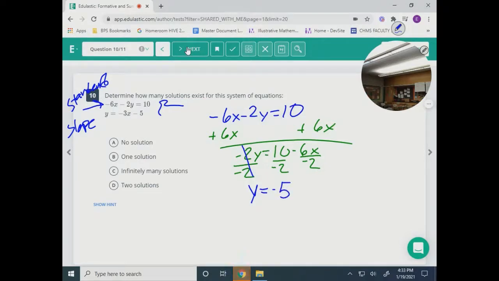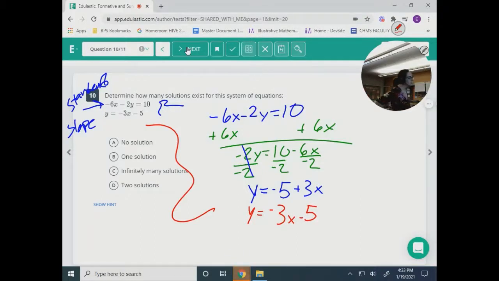plus 3x. We did do this one before. If I compare it to my other equation, actually, it's different. Y is equal to negative 3x minus 5.